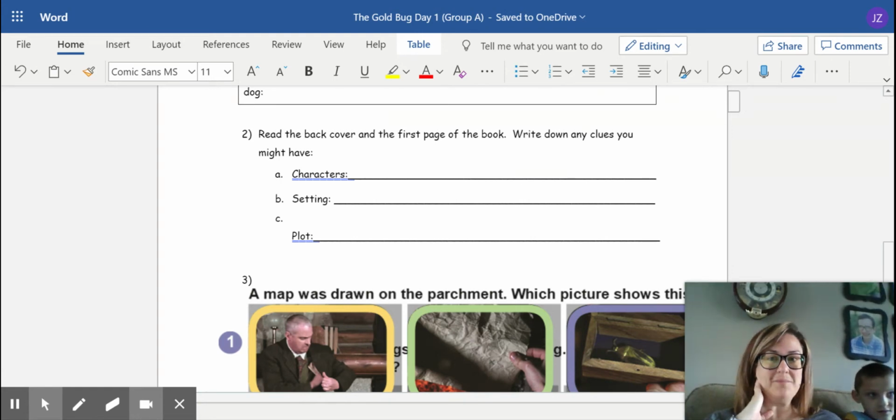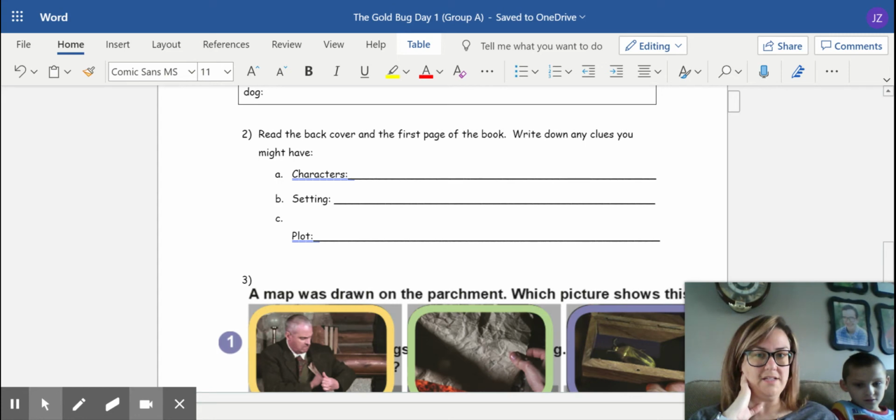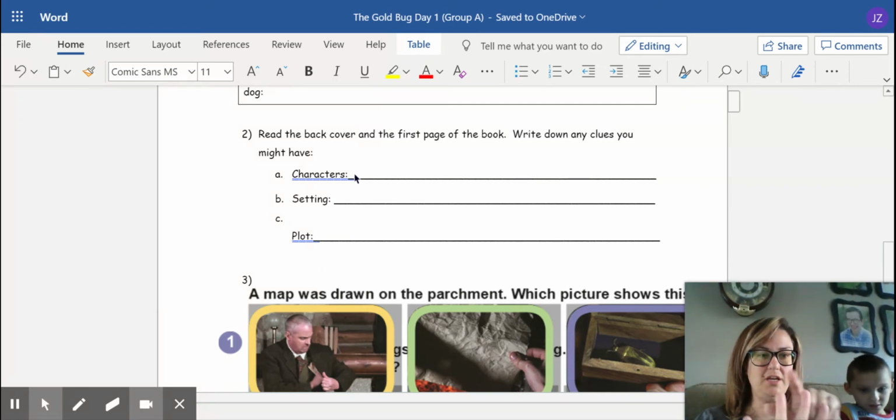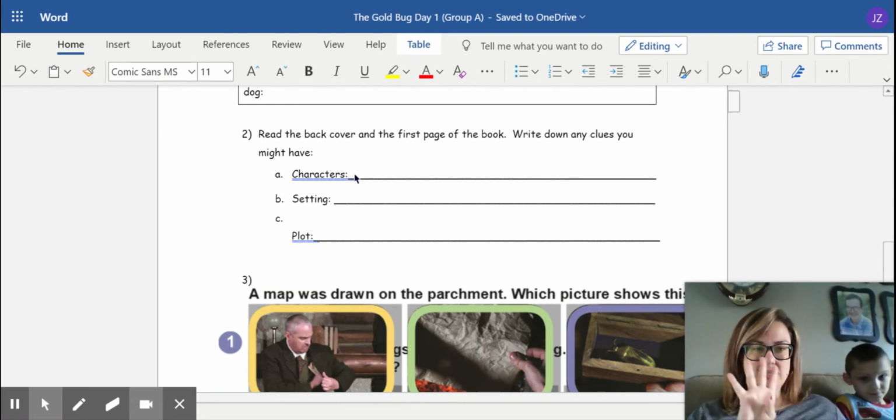If we think about characters, we think about what? Who is in this book? So I need you to tell me who is in this book. Right now we know of 4 characters, 3 human characters, and an animal character. So on this line, I need to have 4 character names.